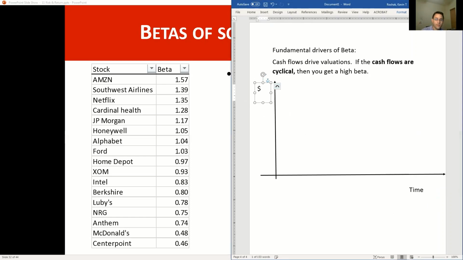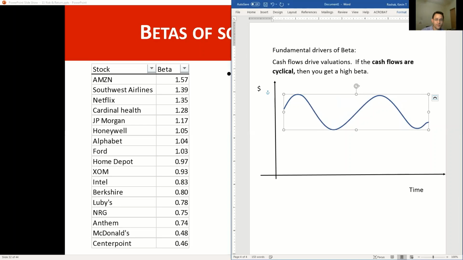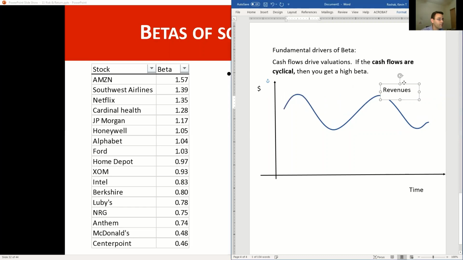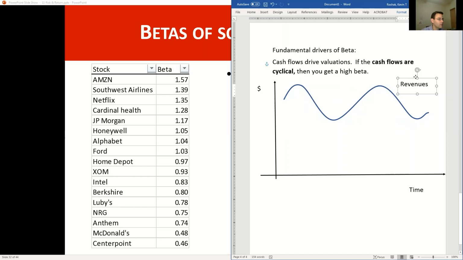And what are we going to plot? We're going to plot the revenues for a company. Let's say it looks like this. It's very cyclical. It's going up and down with the overall economy. Okay, so if your revenues look like this and they're very cyclical, then you may have a high beta, right? That's going to drive cyclicality in your cash flows.